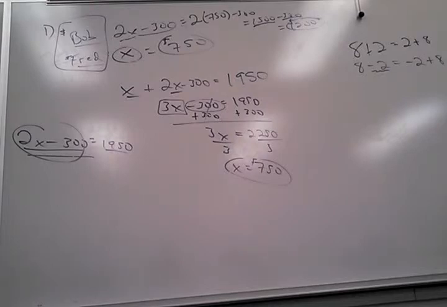I got 50%. But the big mistake you made, it's not twice the difference of something. It's 300 less than twice.